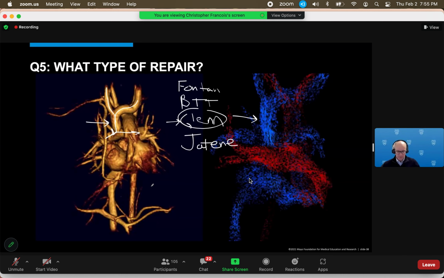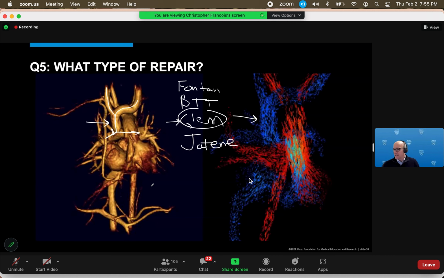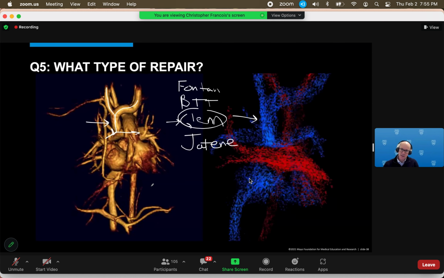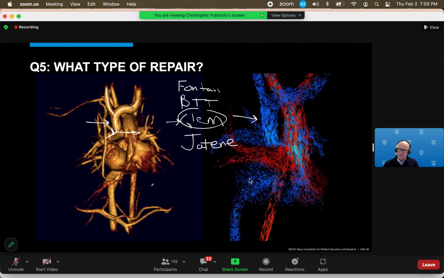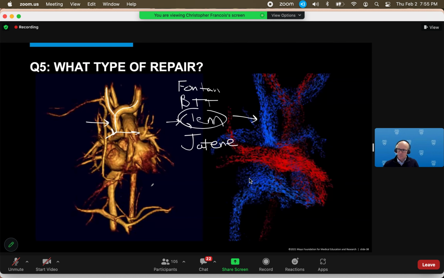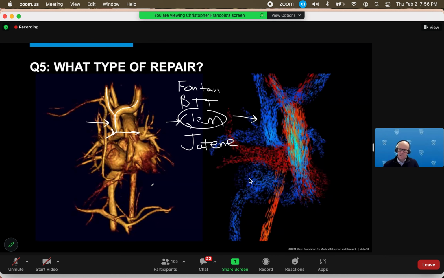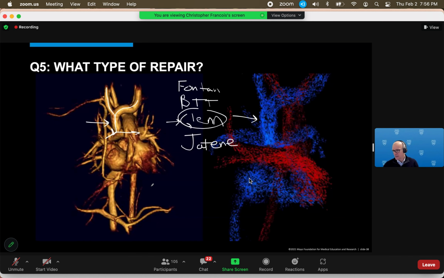So briefly, in the interest of time, the BTT shunt, the Glenn, and the Fontan are done for patients that have primarily single ventricle physiology.